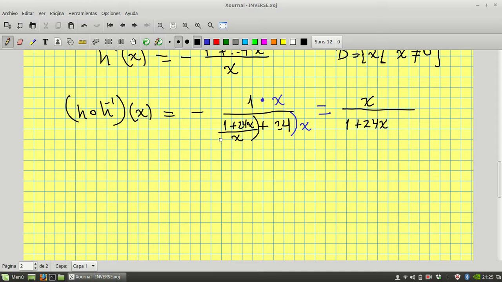Let me erase. Sometimes you forget the negative signs. So it means that the negative sign stays here, plus 24x.